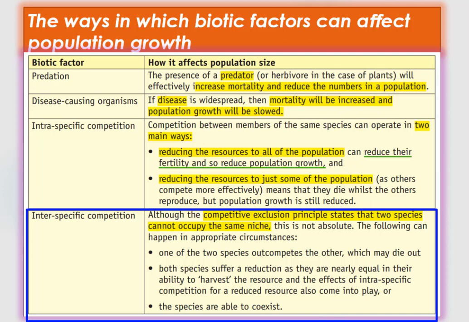The second event, both species suffer reduction as they are nearly equal in their ability to harvest the resource, and the effects of intraspecific competition for reduced resources also come into play. Or the species are able to coexist when their ability is equal and the available resources are plentiful or in excess.